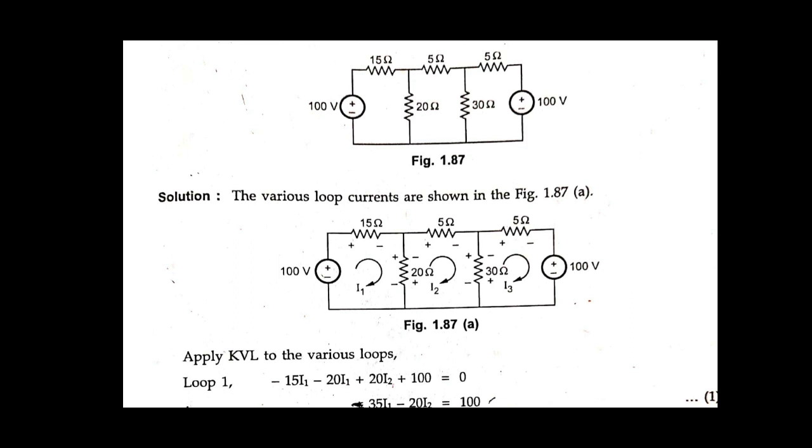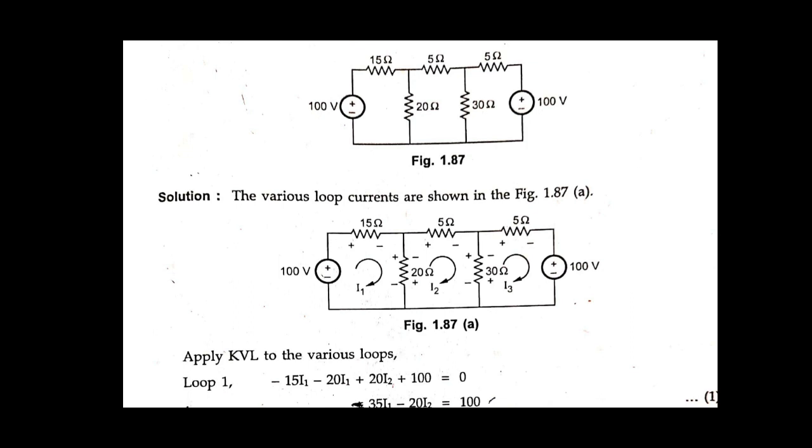In the second loop I2 is flowing, so through the 5 ohm resistor you can consider the polarities positive, negative. Again across the 30 ohm resistance, positive, negative. For the 20 ohm resistance there are two currents flowing, I1 and I2, so there are different polarities across the 20 ohm resistance for each current.